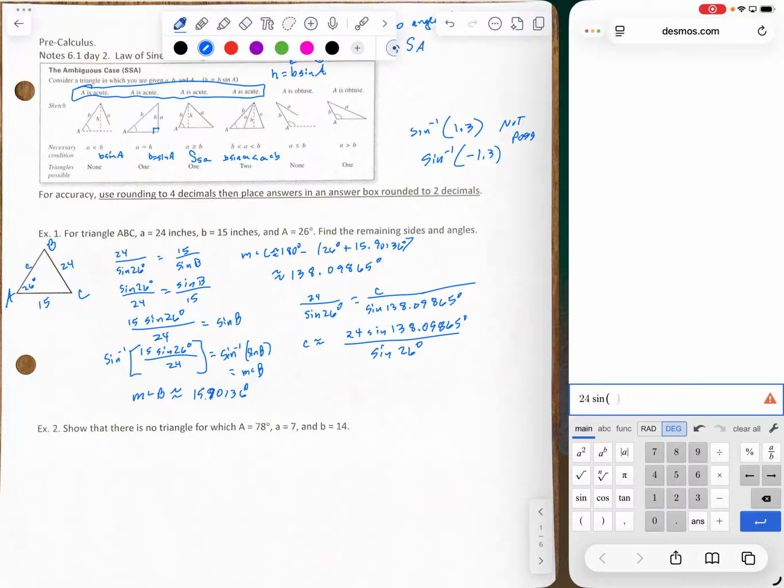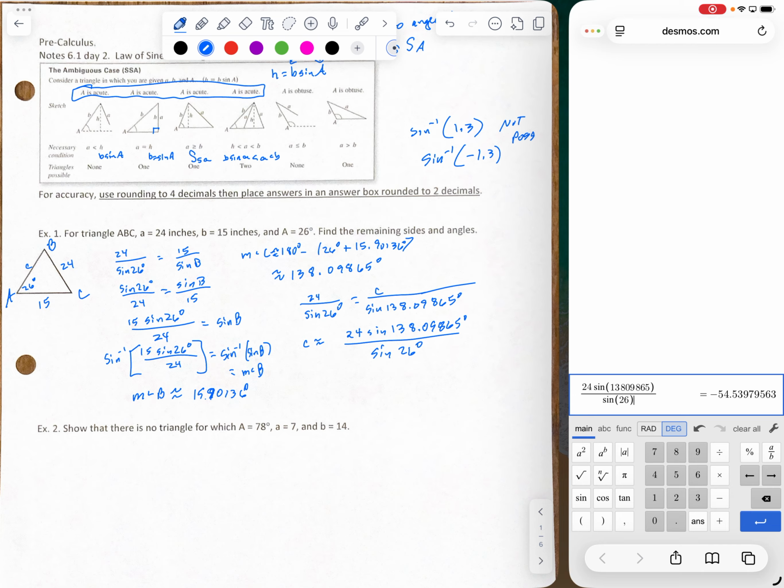The height is this 13.694. And since 7 is less than the height, it can't swing in and hit and create a second triangle.